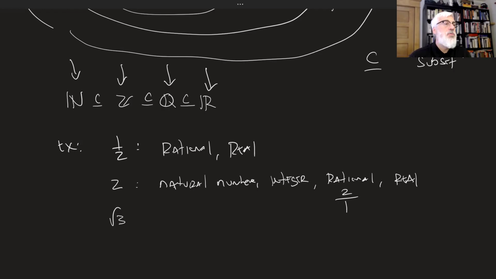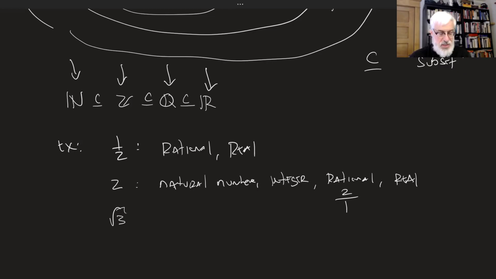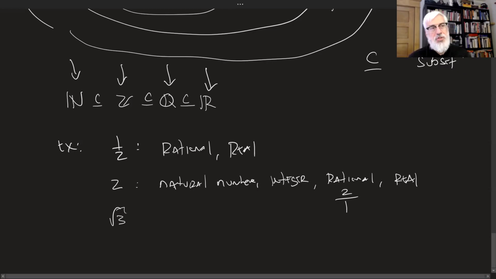How about the square root of 3? Well, 3 is prime, so I know I can't break up 3 other than 3 times 1. I also know that if I were to write this decimal expansion, it would be non-repeating, non-terminating. You can put it in your calculator, and your calculator will terminate it just because it's impossible to list an infinite list of numbers. So this is irrational and real.